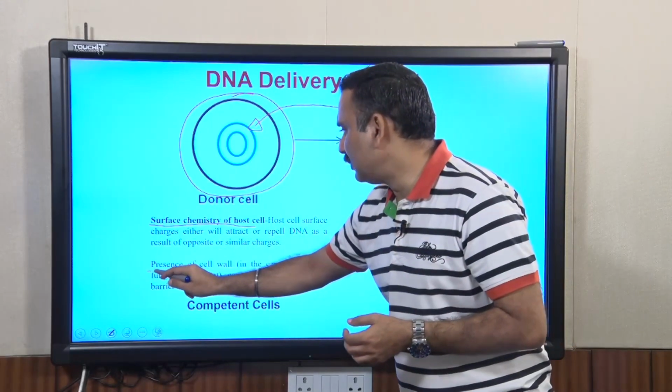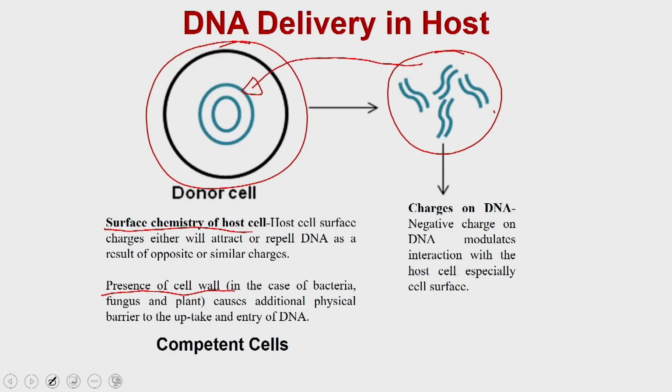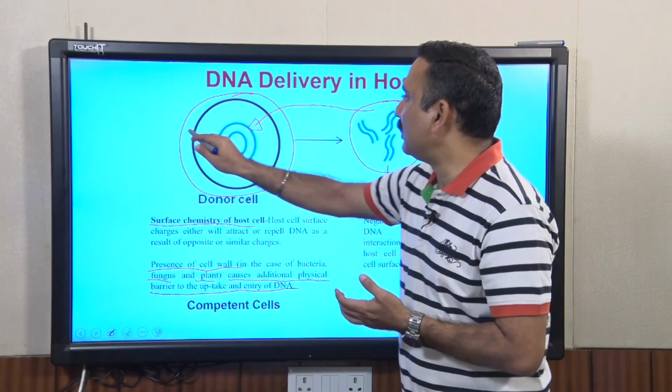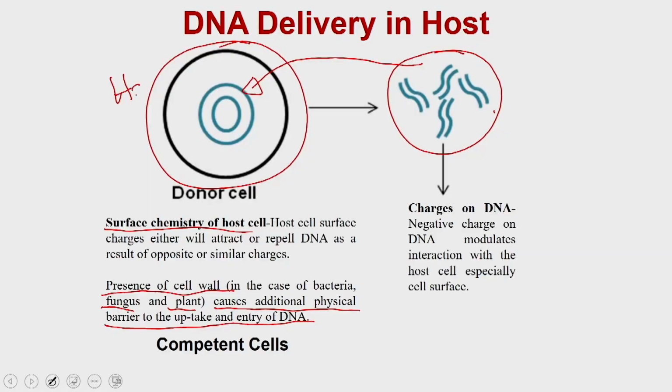For example, in the case of bacteria, you have a very thick cell wall, which is also the case in yeast as well as plants. So, when you design strategies for these kinds of host cells, you have to encounter an additional physical barrier which hinders the uptake and entry of DNA. This is the part of the host cells where you work on the surface chemistry, so that it facilitates the entry of the recombinant DNA.